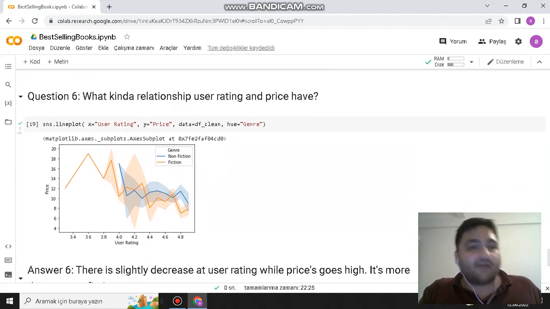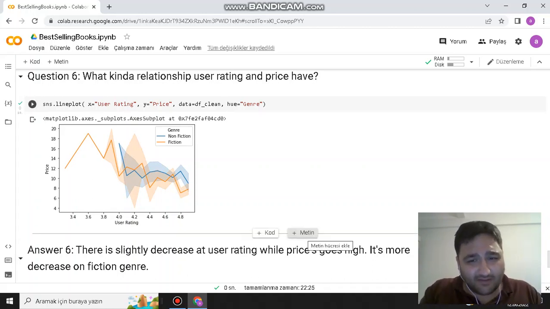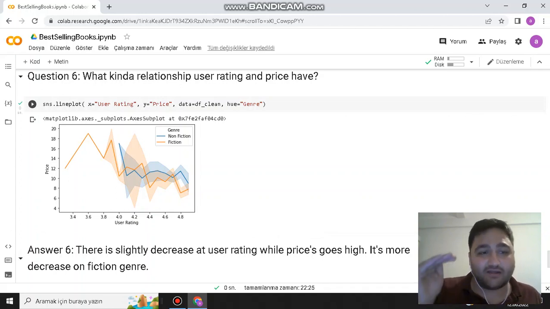So what kind of relationship do user rating and price have? This line graph is showing us that there is a slight decrease in user rating while the prices go high.